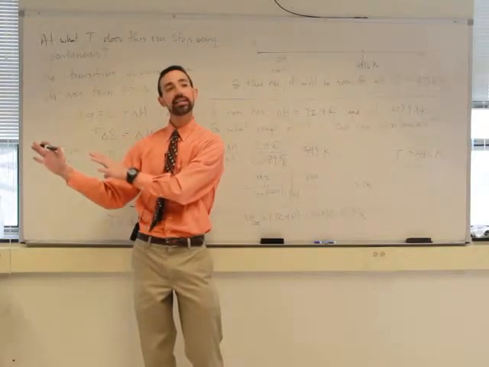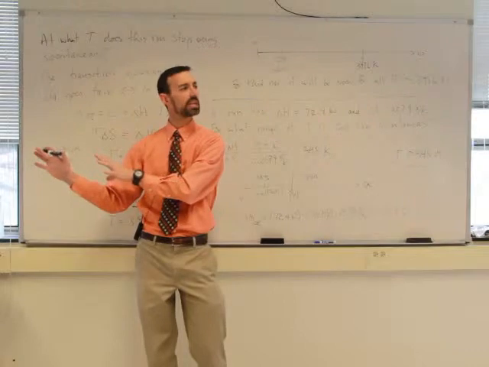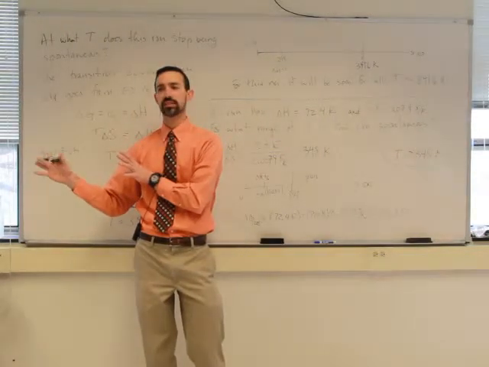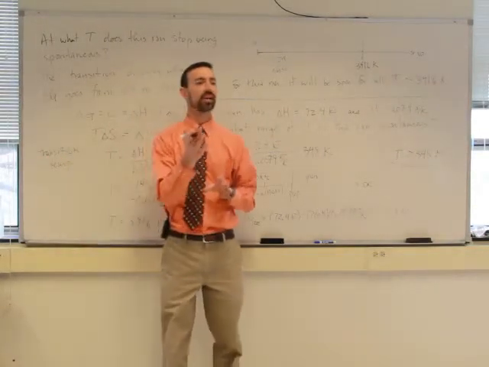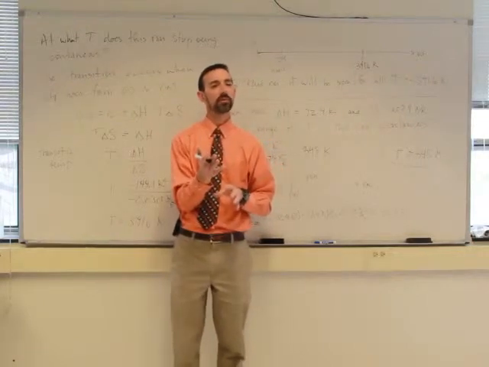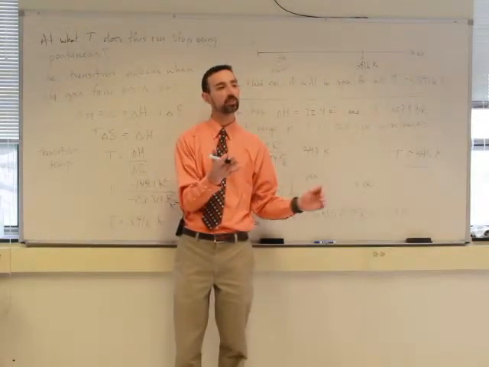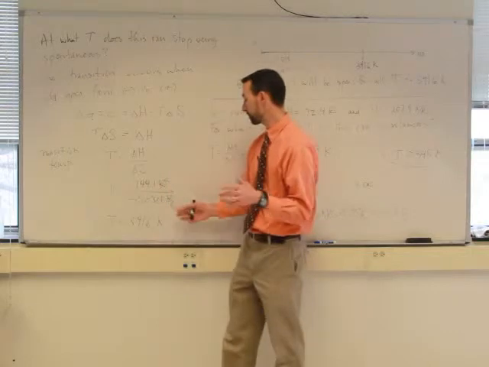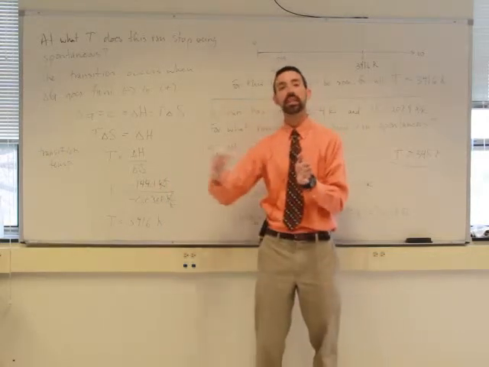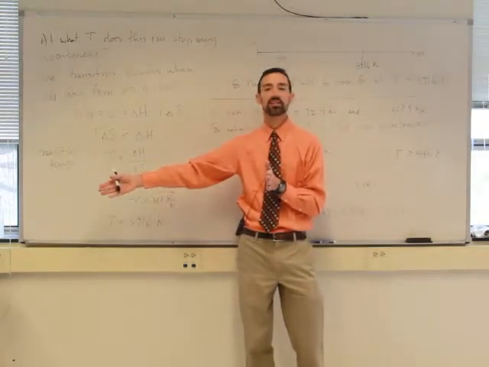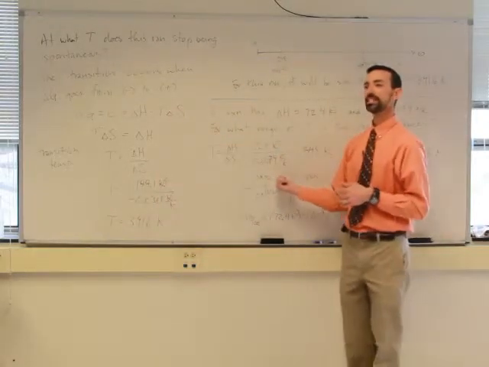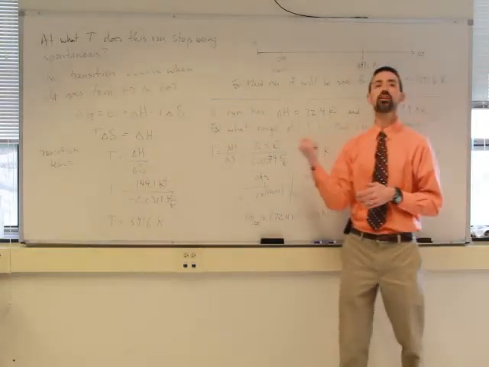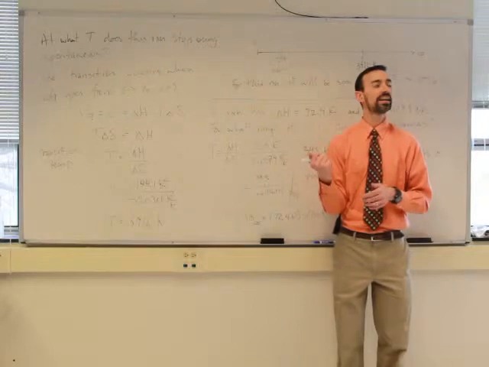Meaning we would now consider that to be less spontaneous. So as the temperature is getting higher and higher, this exothermic reaction is becoming less and less spontaneous. So that's why it was spontaneous for all temperatures below 3,916. The second example that I gave you, though, is an endothermic reaction, right?